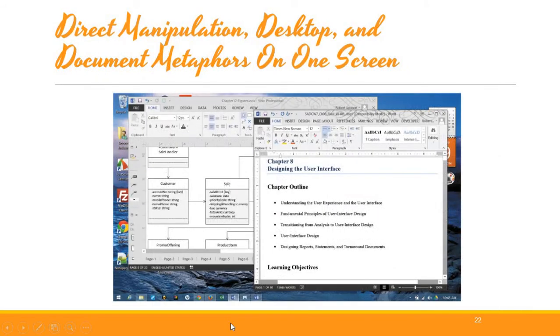So this figure is a screen capture of a computer running Windows that illustrates the direct manipulation, desktop, and document metaphors. The entire display is visually similar to the surface of a physical desktop.